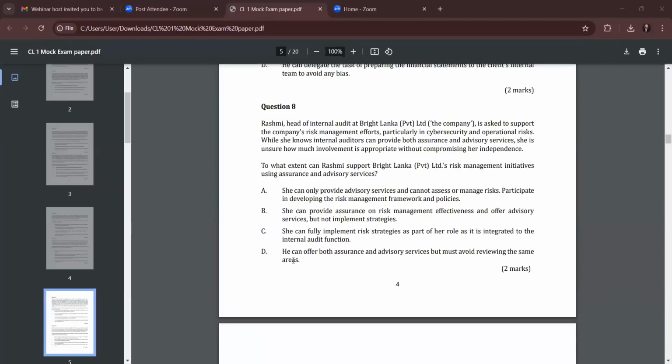Therefore, internal auditors should not implement risk management strategies since they are subsequently reviewing them.